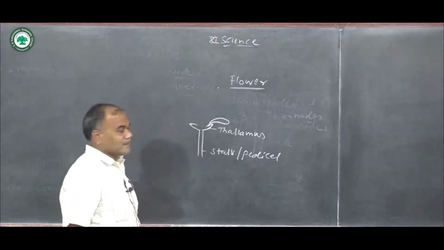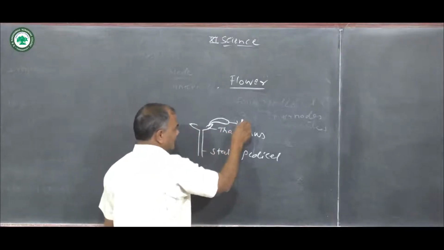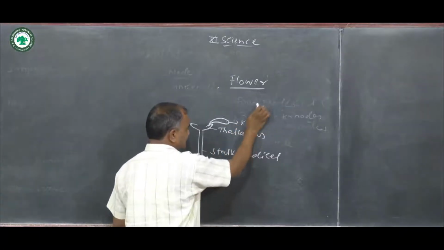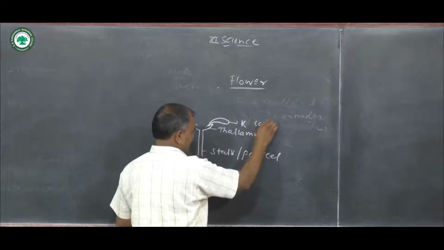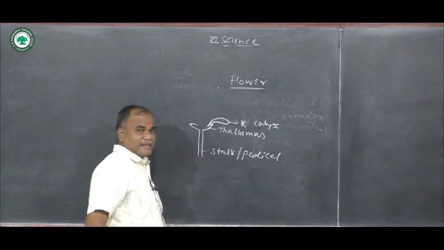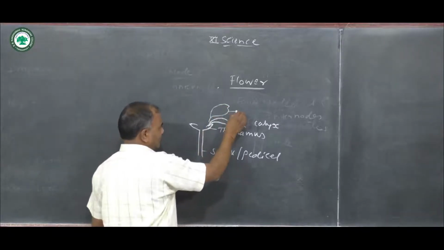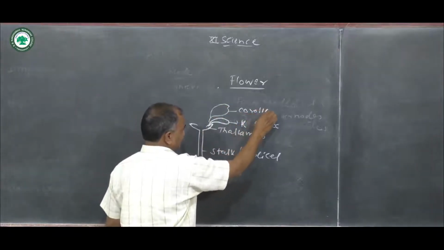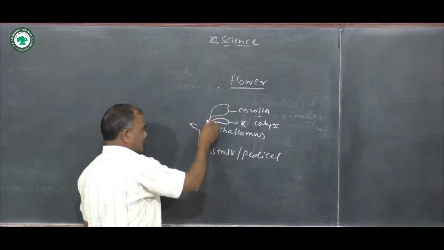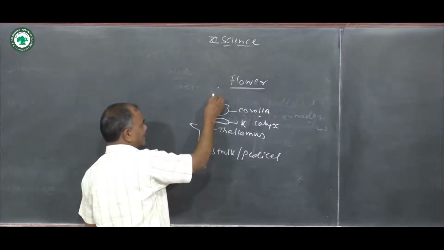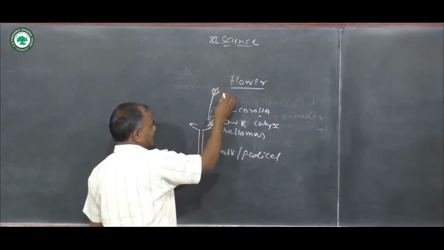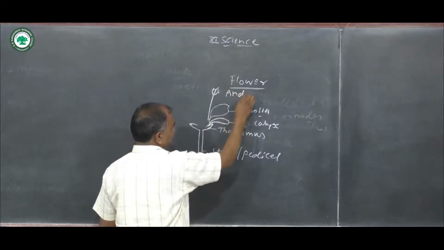The outermost whorl or node is known as the calyx. The second node is the corolla. The third node or insertion is the androecium.